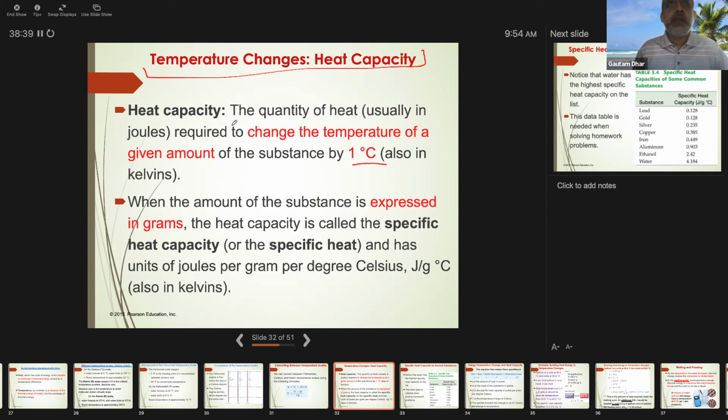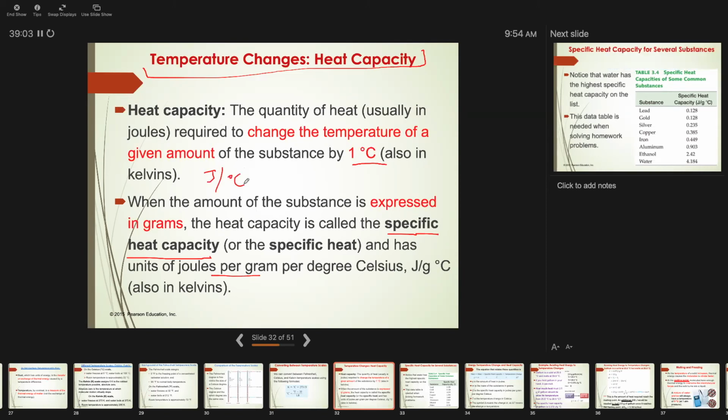Now there's another term, which is specific heat capacity. So these are two different terms. Specific means per unit mass, so it's per gram. If you look at heat capacity, the unit of heat capacity will be joules per degree centigrade. Here we are not specifying the mass of the object. It can be of any mass.